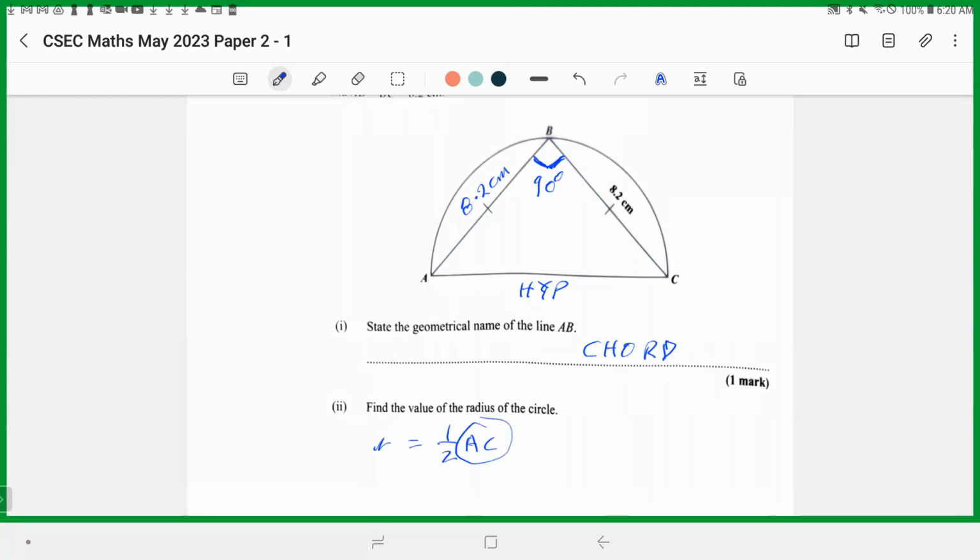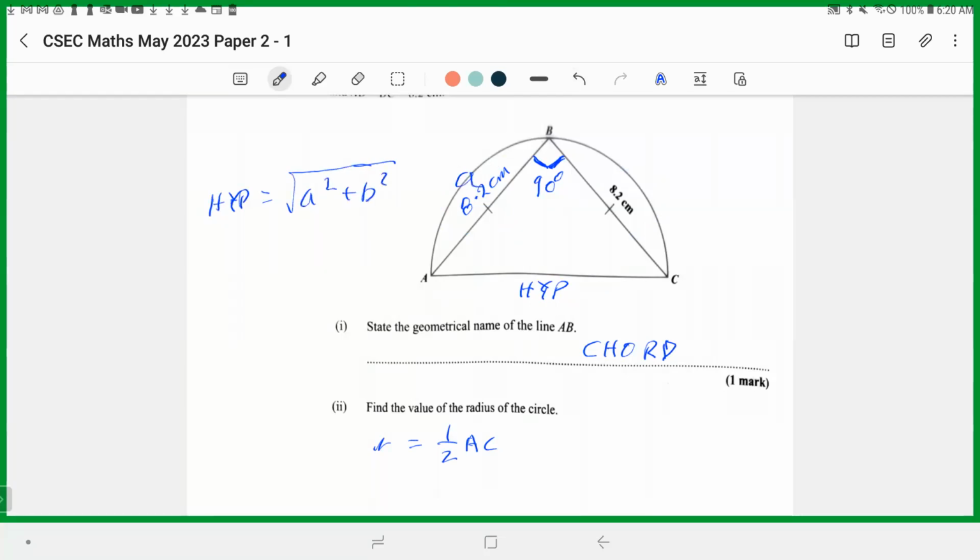What is AC? Using Pythagoras' theorem, AC, which is the diameter here, is the square root of the sum of the squares of the other two sides. The hypotenuse will be equal to the square root of A squared plus B squared.